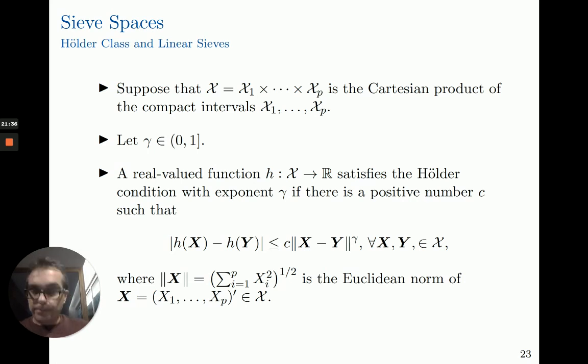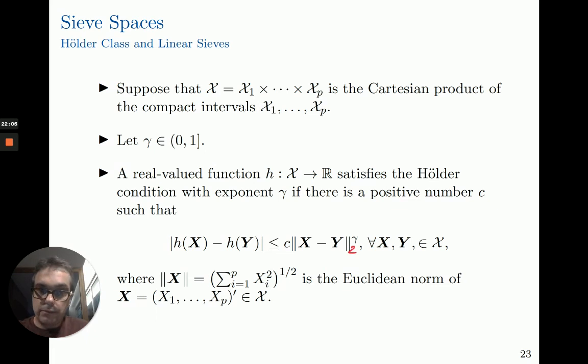When we look at the L1 norm of h evaluated at x minus h evaluated at y, this is equal or less than c times the L1 norm, sorry, of x minus y to the power of gamma. Okay, sorry, the L2 norm, the Euclidean norm.